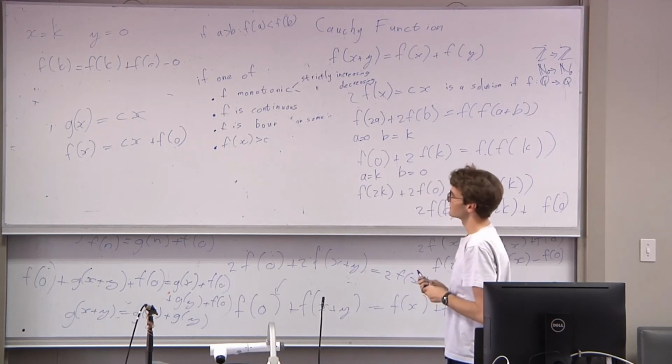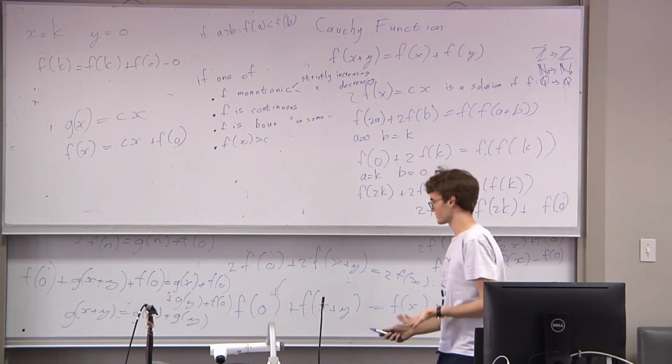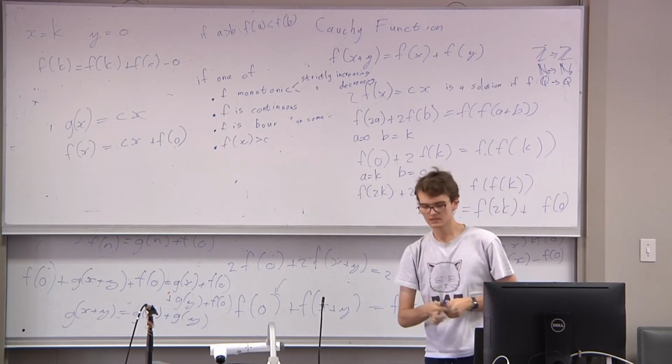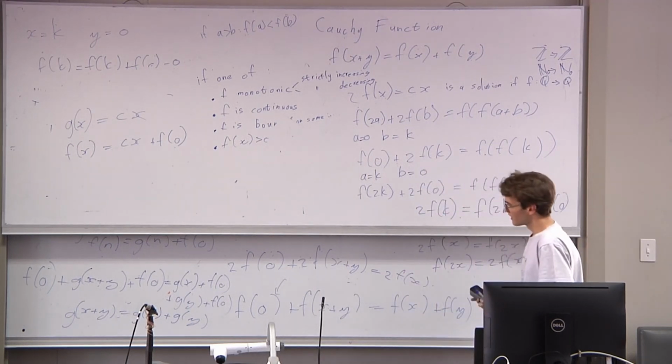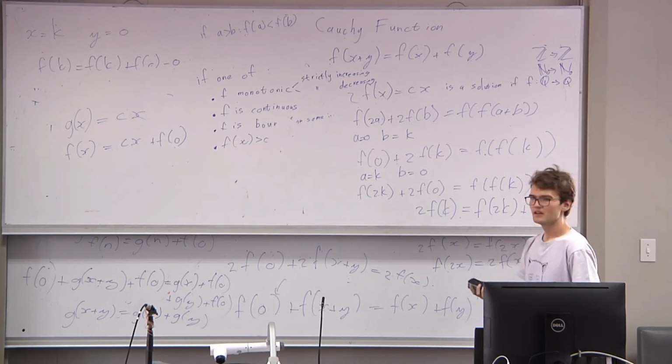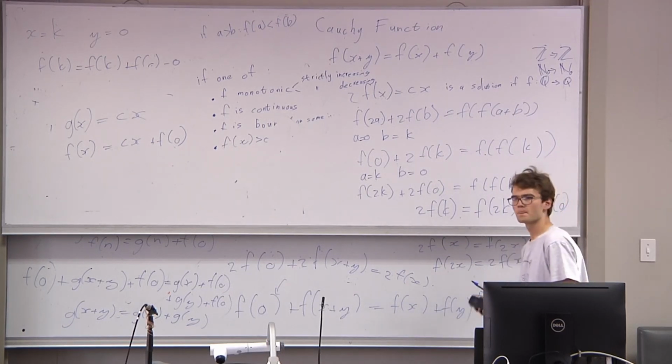So at this point we've shown that all possible solutions to the original question must be of that form. So maybe all possible functions of that form work. The only way to know is to check.